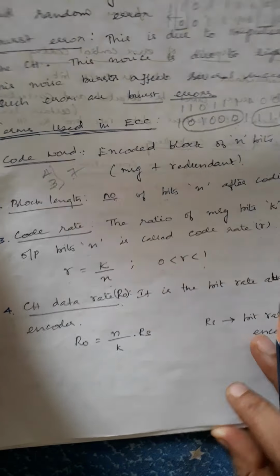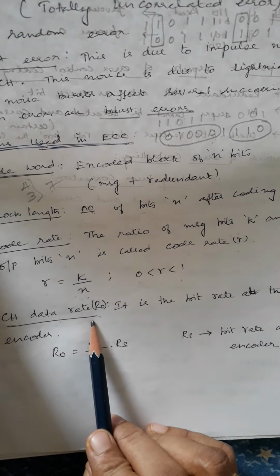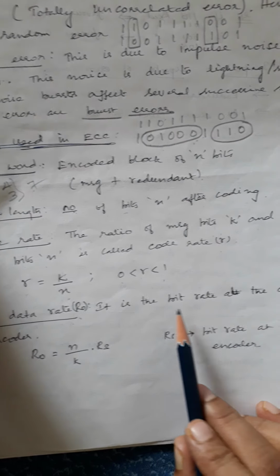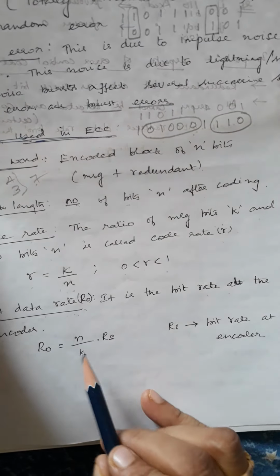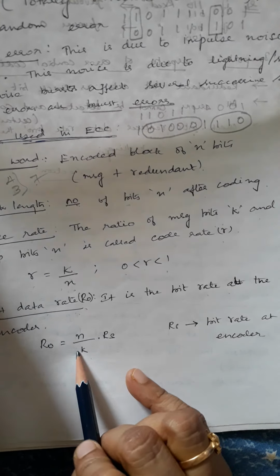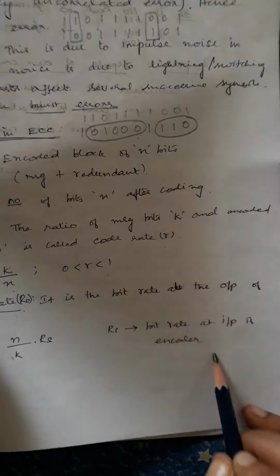Next is channel data rate. Channel data rate is denoted as R0. It is the bit rate at the output of the encoder. It is n by k into rs, where rs is the bit rate at the input of the encoder.